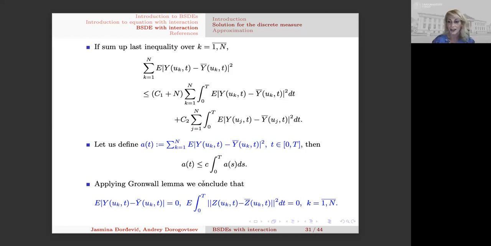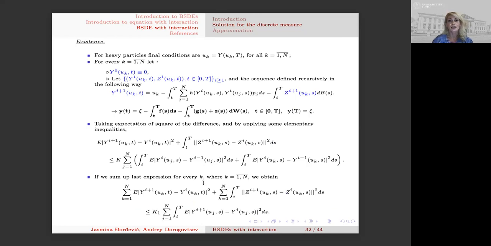Okay, then for the existence, we will have iteration steps. For the initial step, y0 is 0, and then the iterating step is given in this way, where now for i plus 1, we have that the drift is completely familiar.